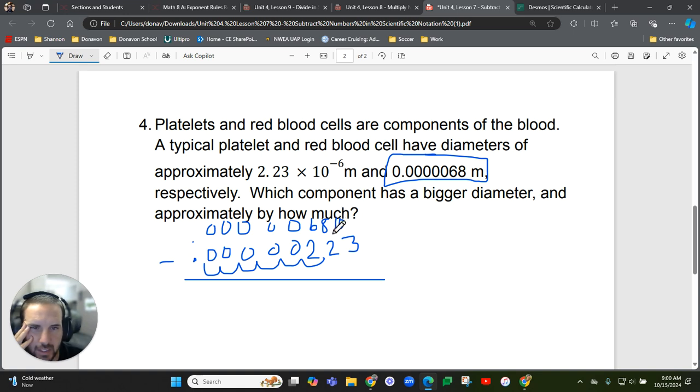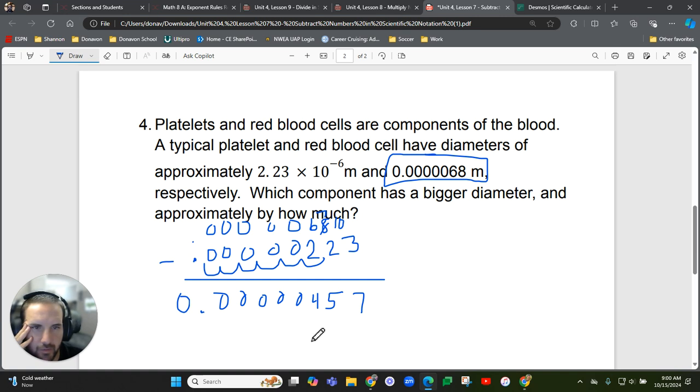So we're going to make this a 10 and take away a 1 here. So 10 minus 3 is 7. 7 minus 2 is 5. 6 minus 2 is 4, and everything else is zeros. So 2, 3, 4, 5 zeros, and then a decimal. So that is how much bigger it is.